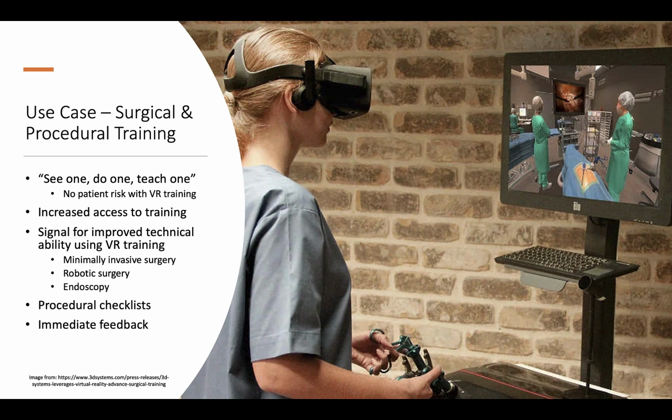So what a lot of surgical simulators are doing is incorporating virtual reality, as you can see in the image here. In this case, the learner is using the laparoscopic instruments you see on the screen, and they are looking at the screen, or within the headset, just as they would within an operating room.